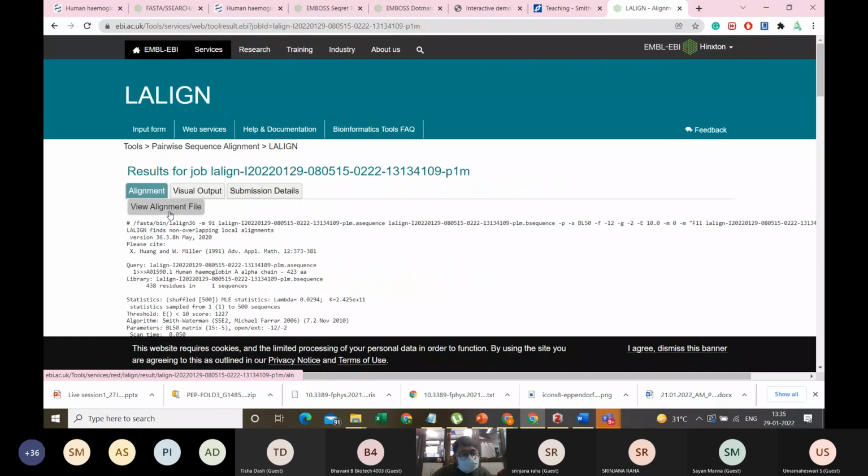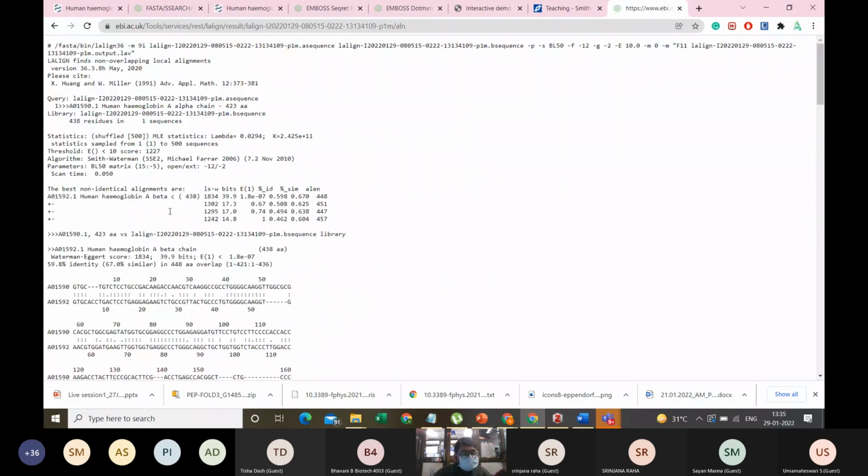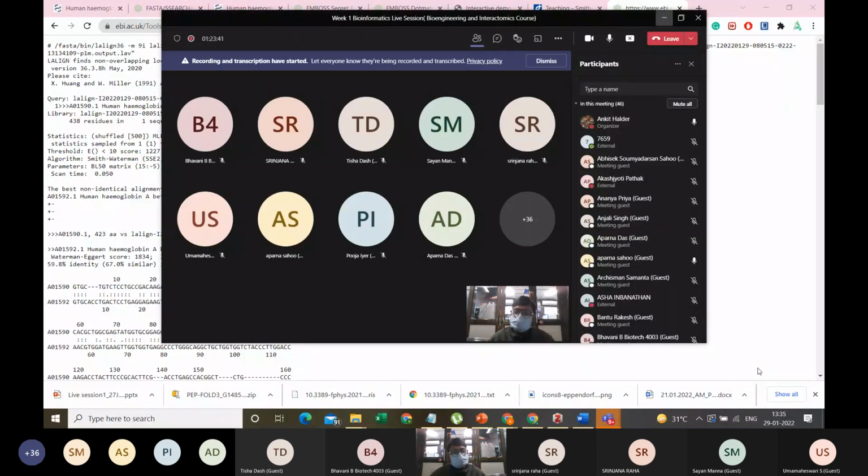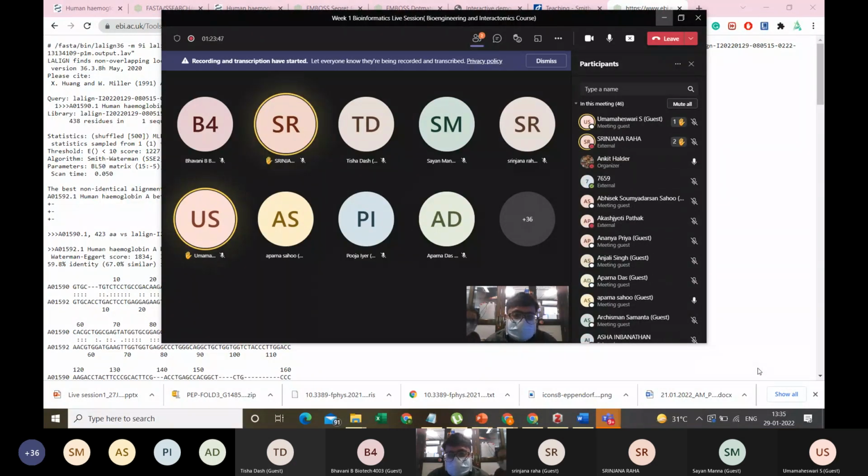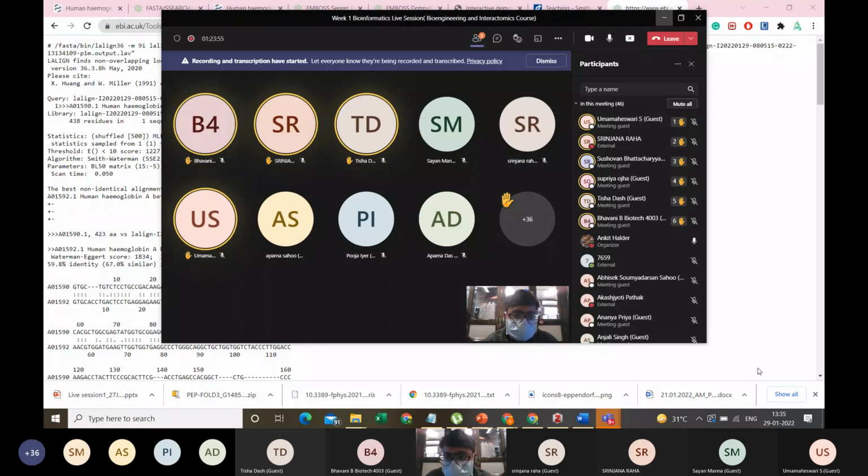Okay, so here we will find the alignment file. This is a local alignment it has performed, and see it has given those places where the alignment has come. Have you all got this result? Yes, so just raise your hand if you have got it. Is anyone facing any problem?